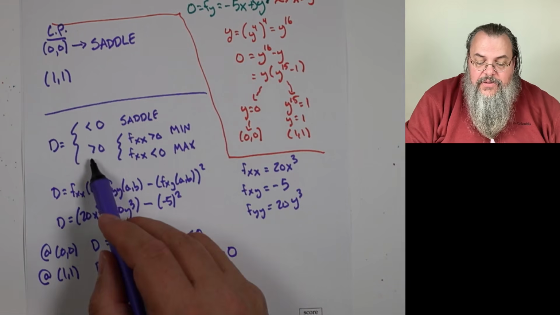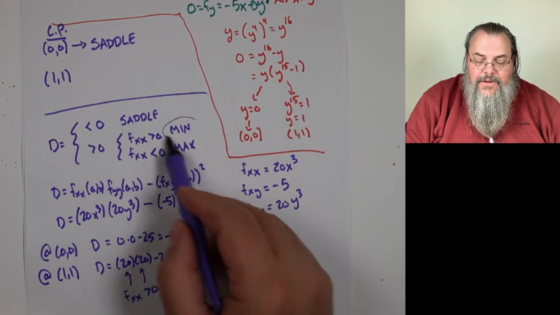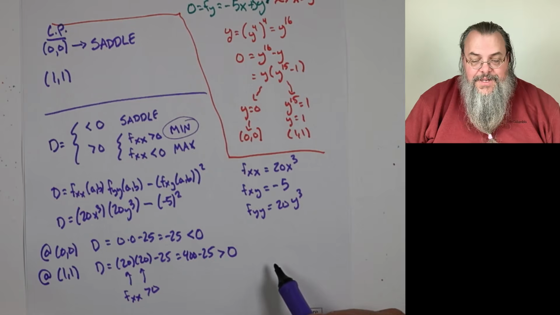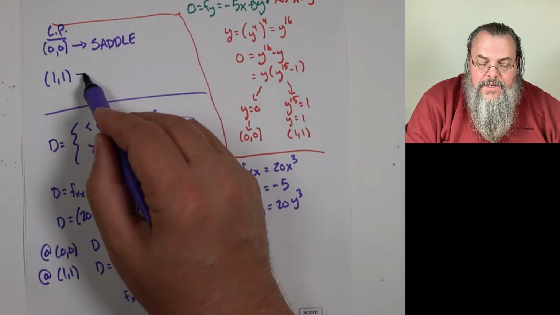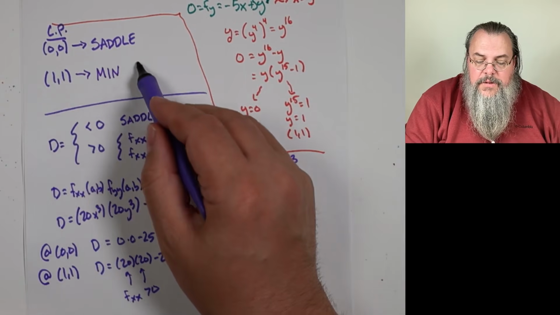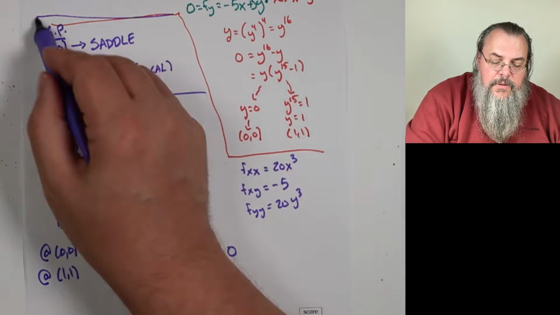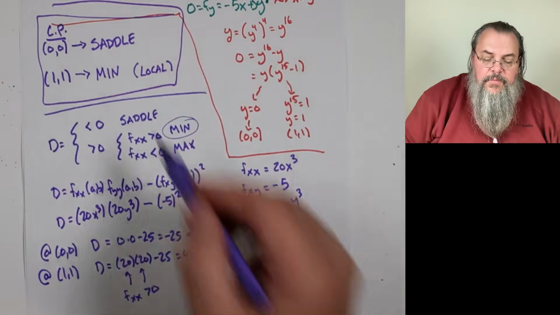So d is positive. The second derivative with respect to x is positive. That says we're at a min. So 1, 1, that is a min. Now you can be a little bit more specific and say local min, but min, that's good enough for me.